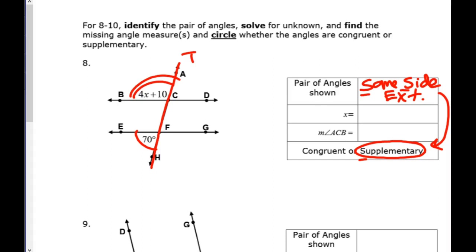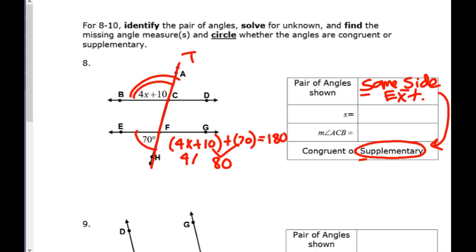So let's do that. 4x plus 10 plus 70 equals 180. Please notice, if they're not congruent, you don't set them equal. Okay? Now I'm going to combine like terms. 10 plus 70 is 80.